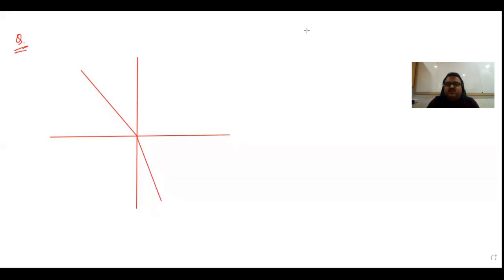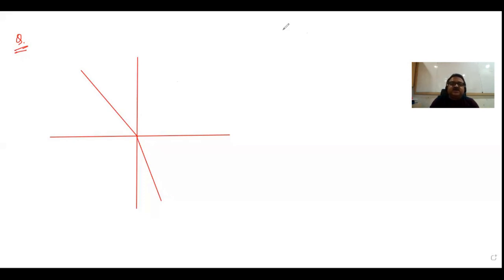So first of all, say for example, this is the surface of separation of two media, and this is the normal drawn. Okay, and a ray of light falling like this. Now you people are quite smart, and if you already watched my previous video, you understood which medium is rarer and which with respect to which medium, correct?